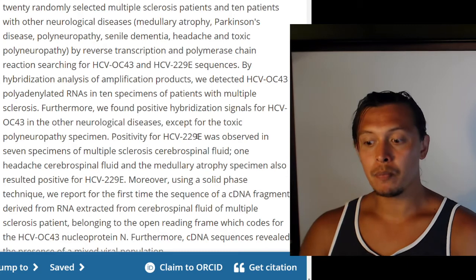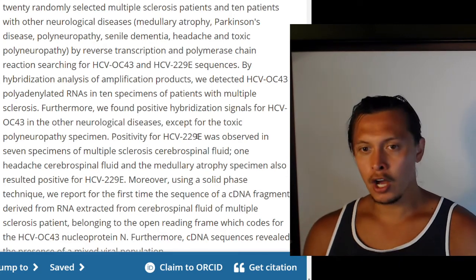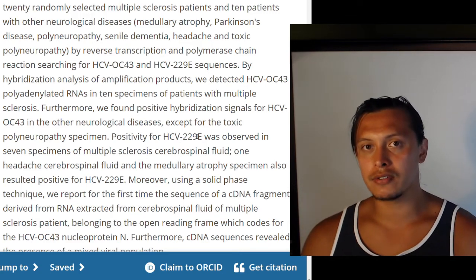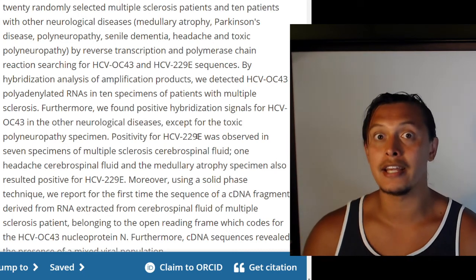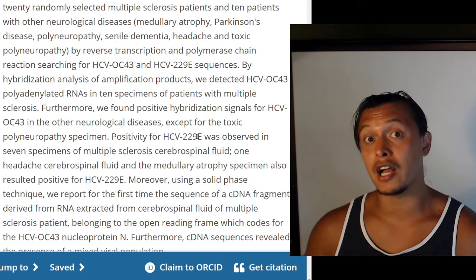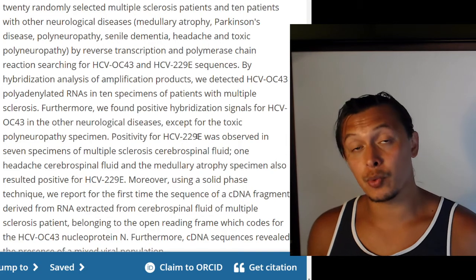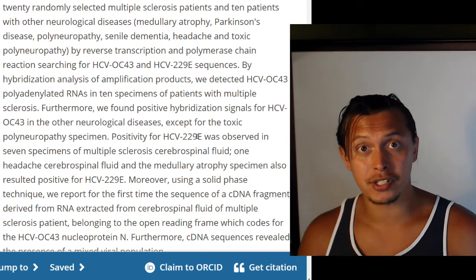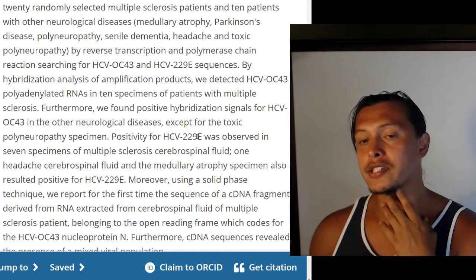So perhaps you don't have that much of an active coronavirus at the time, but what appears very likely is that the nervous system is an immune privileged site. This means the immune system, unfortunately, does not work as efficiently in the nervous system as it does elsewhere in the body. Other immune privileged sites are, say, the testicles and the eye, for instance.